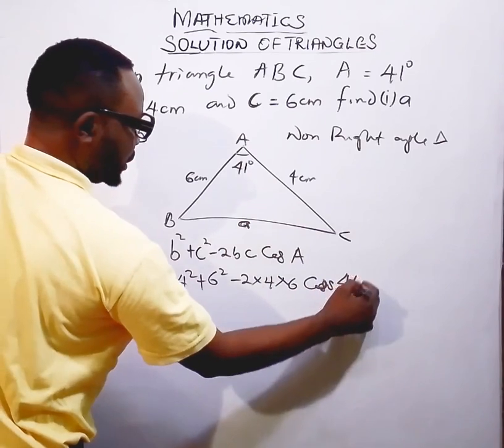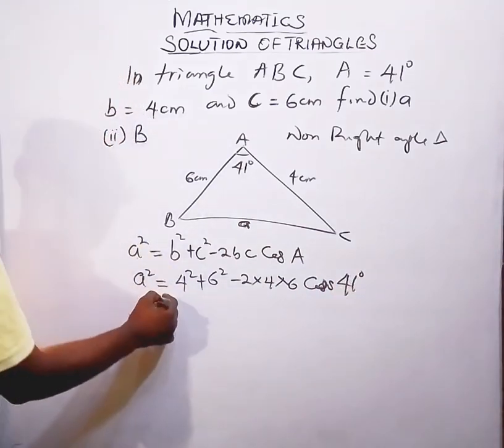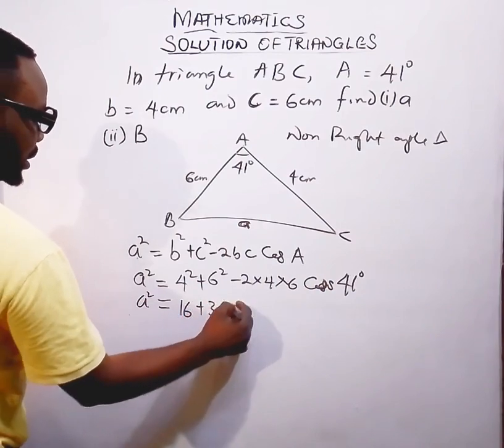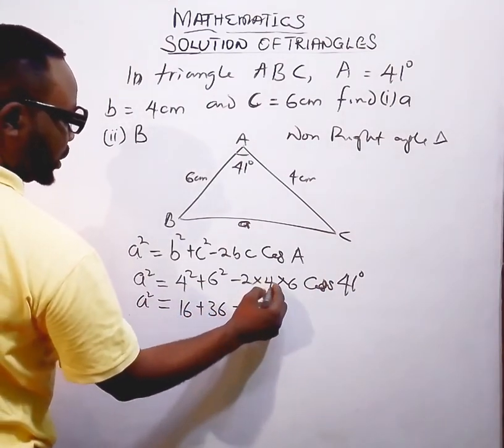What's the value of A? 41 degrees. So a squared will be equal to 16 plus 36 minus 2 times 4 times 6.